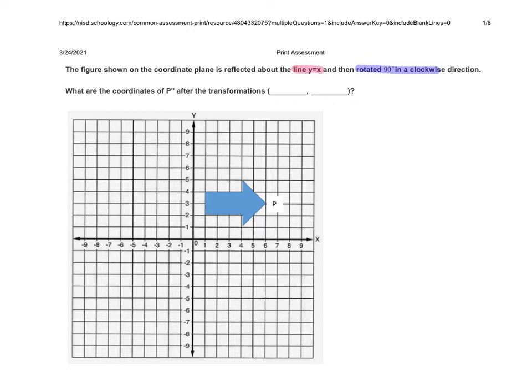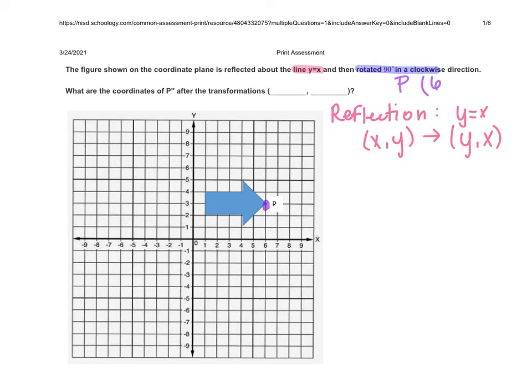So whenever we're reflecting in y equals x, so reflection of y equals x, that's going to take your original coordinate of x, y, and you're going to move it to where your new coordinates will become y, x. So first, let's start off and just find out what the value of p is initially. So p is at 6, 3.